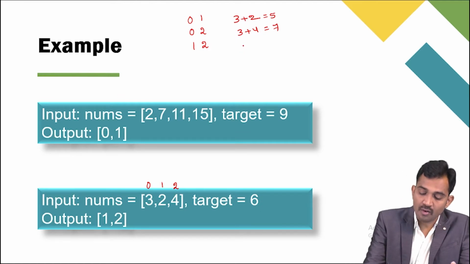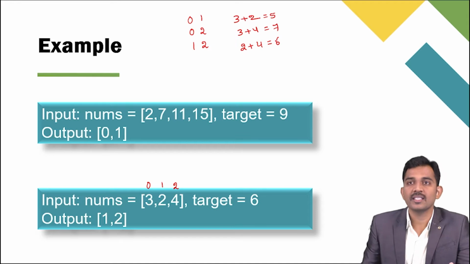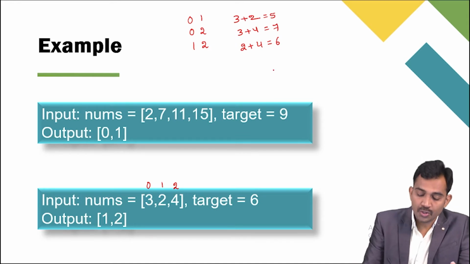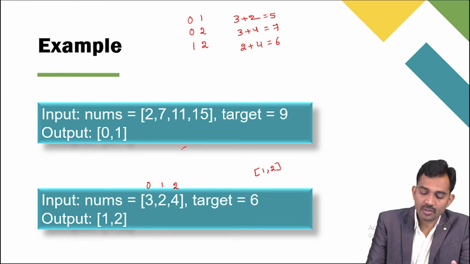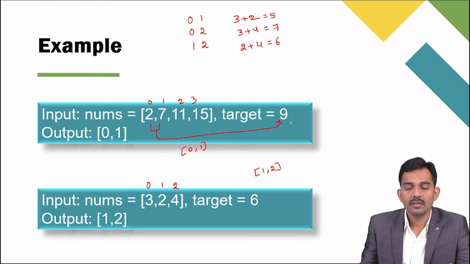And coming to 1,2, that means 2 plus 4. The result is 6. Yes, 6 matches the target. So you should return the indices 1 and 2. Earlier also 0 and 1, because these are the two indices that give the result 9. Got it?